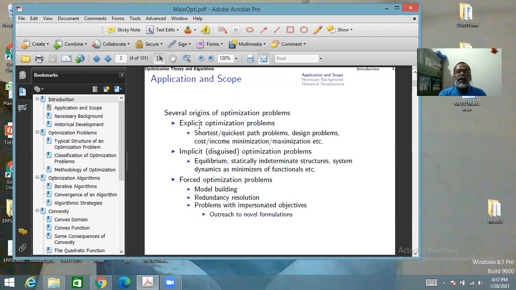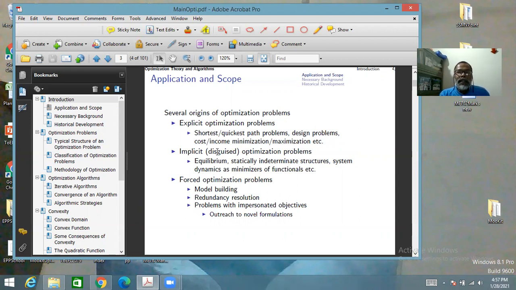So for example, shortest, quickest path problems, design problems where you would like to minimize cost, maximize profit, or maybe maximize power to fuel consumption ratio or some such thing. Cost income minimization, maximization problems. So these problems, when they appear, it is very clear to everybody that this is an optimization problem.